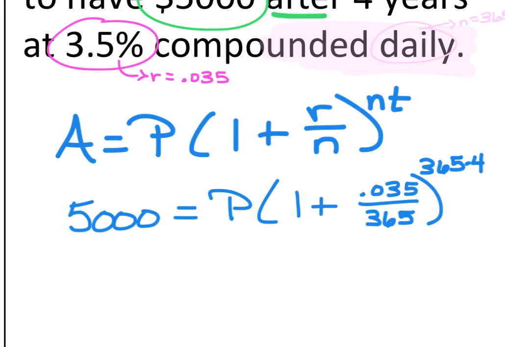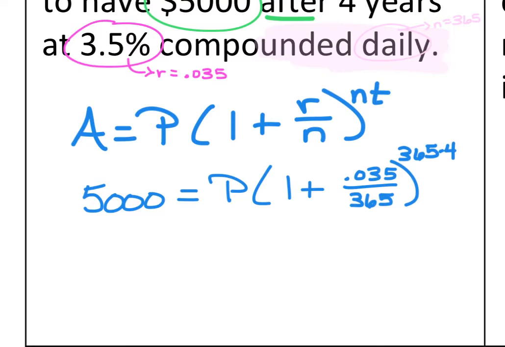Now, I think that it would be best to solve this equation without doing any computation until you get to your very last step. You're solving for P, and this entire thing, the parentheses with the exponent, is just one big number. You could type that whole thing into your calculator and get a numerical answer. So this is P times a number equal to another number.